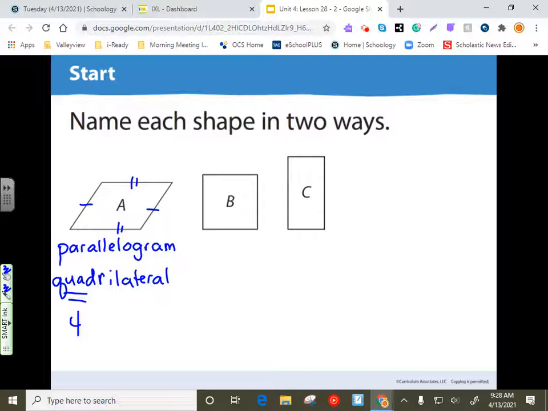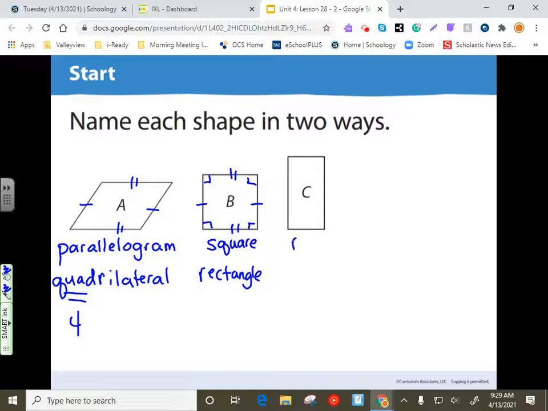Over here at B, this we know is a square. This also qualifies as one of the quadrilaterals, but we also know from the previous lesson that this can also be considered a rectangle, because a rectangle has four right angles, two pairs of parallel sides, and straight lines like that.